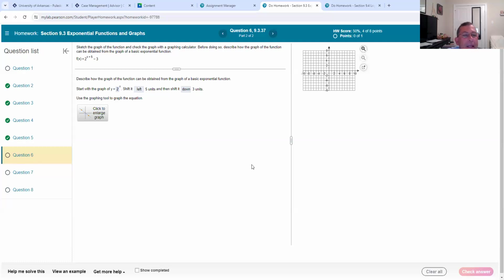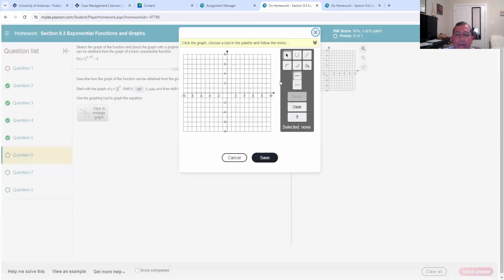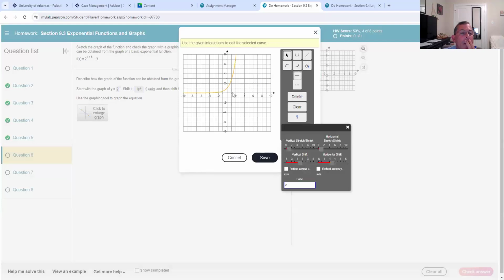Oh, we had to graph this, I guess. Okay, so I guess we'd actually got to graph it. So click the enlarge the graph, grab your exponential tool, click on the graph. So y'all, the plus 5, we said would move me left 5 units.